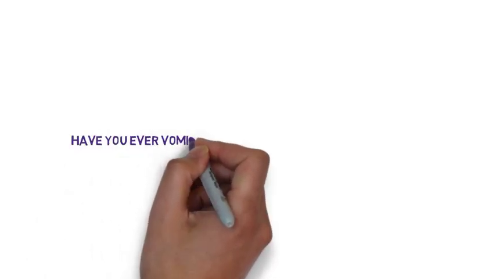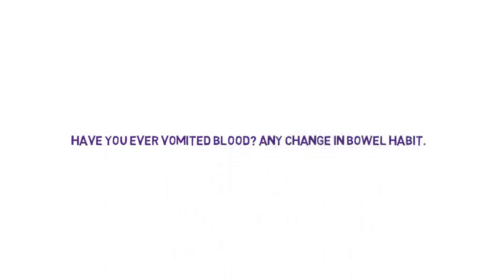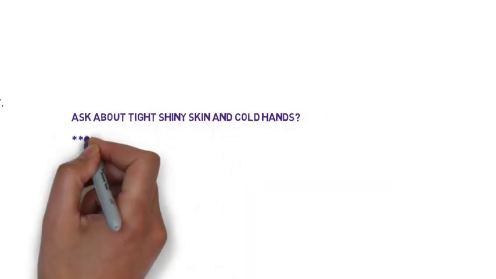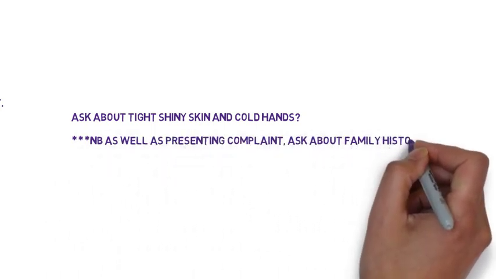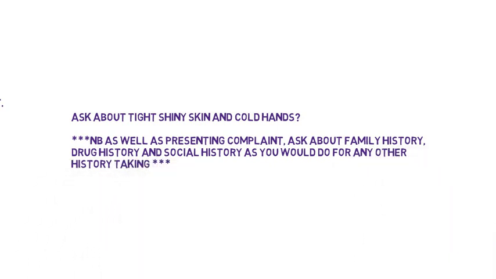You also want to ask typical GI questions such as, have you ever noticed blood in your vomit? Have you been vomiting? And any change in bowel habit. It is also useful to show that you are thinking outside the box and that you recognize that not only GI pathology can cause dysphagia. So you could ask about cold hands or tight shiny skin, which shows your examiner you're thinking of neuromuscular causes like scleroderma.